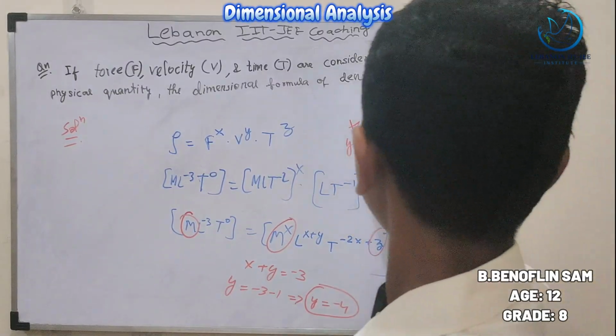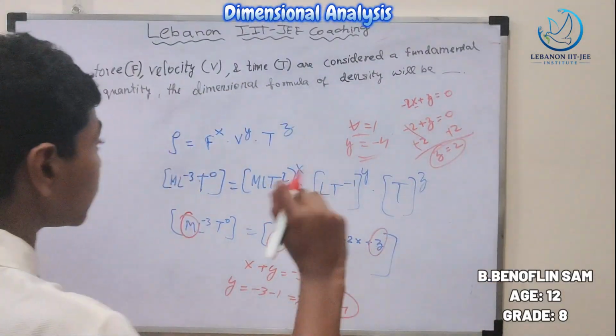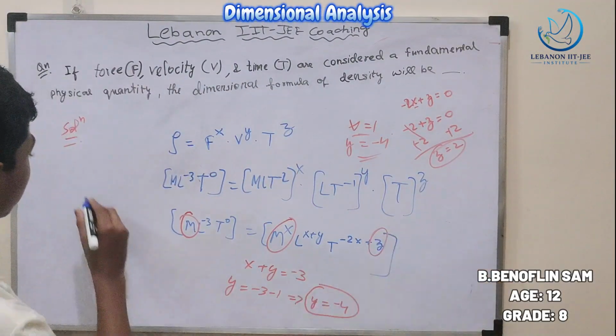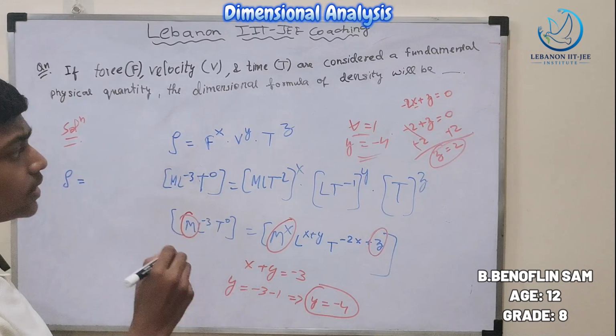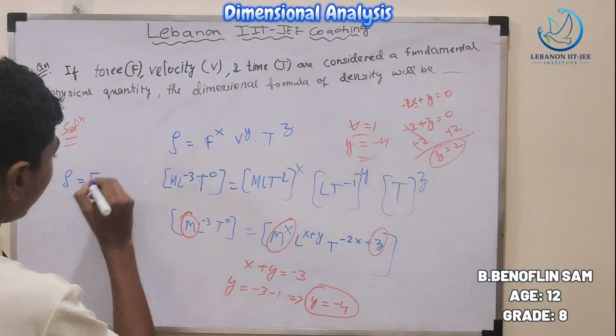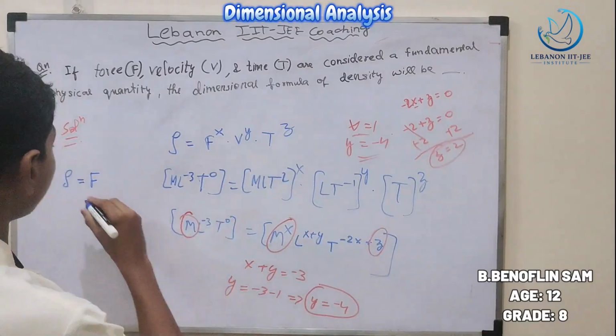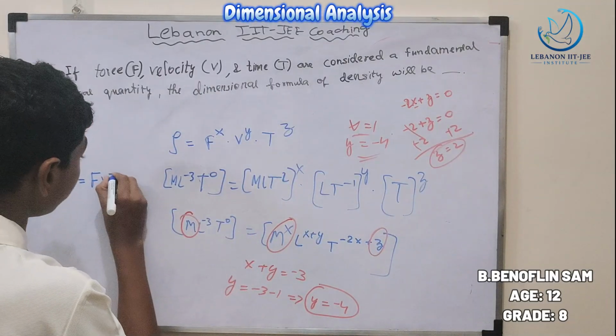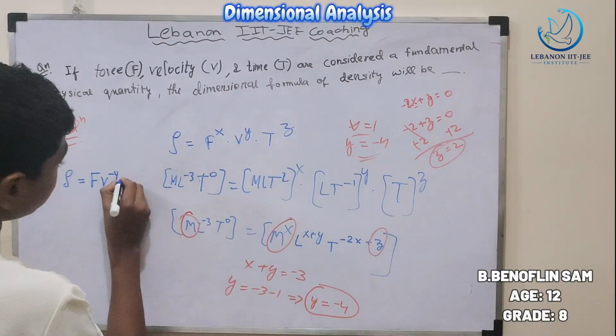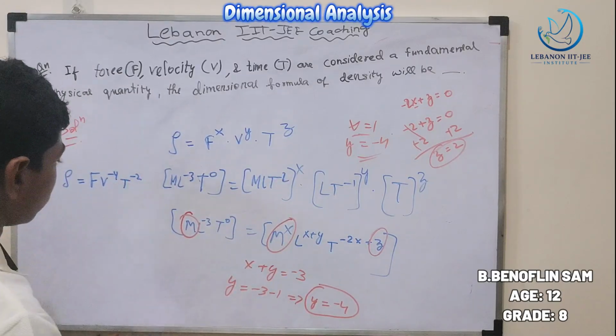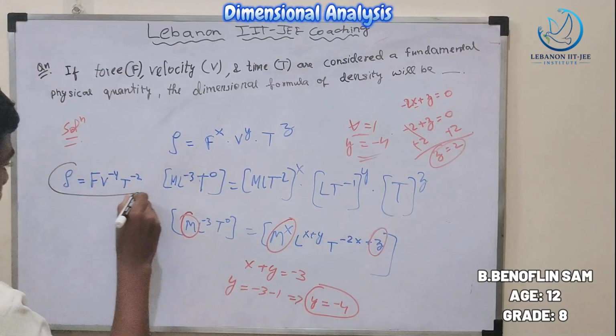So we have taken the values and we're going to write the dimensional formula. So density is equal to force, velocity, what? F to the power 1, V to the power minus 4 and T to the power 2. So that's the correct answer for this question.